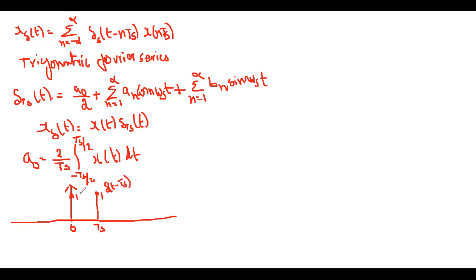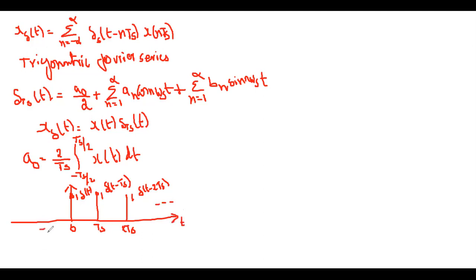When n is equal to 1, here is delta of t, and at 2ts its magnitude is 1, nothing but the delta of t minus 2ts, and so on, as a variable of t here.